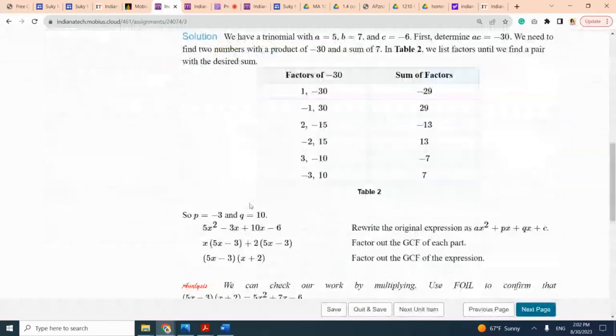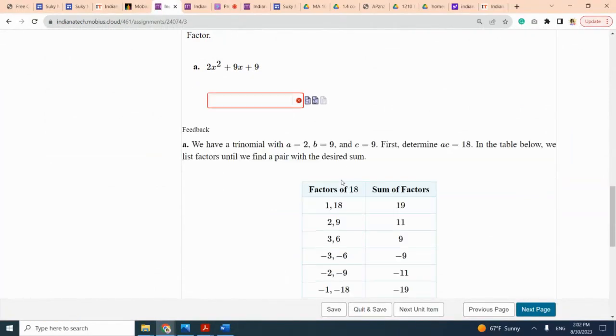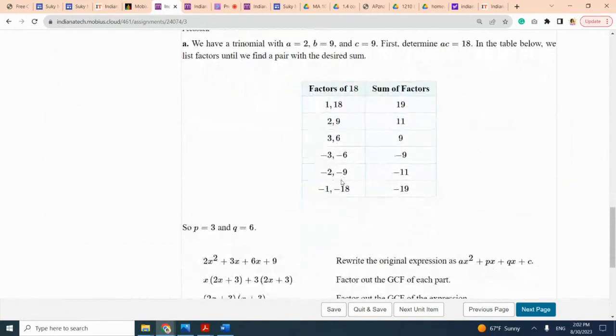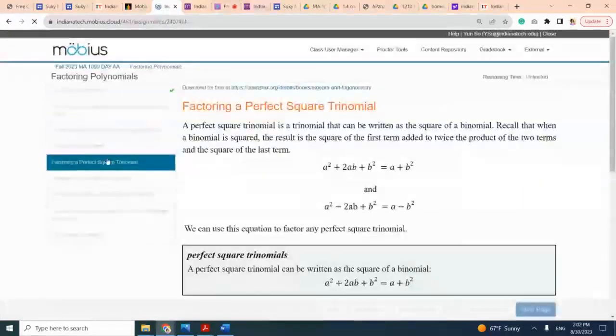And here at the bottom, there are more exercises. You can work on them, put your answer here, and then click how did I do, and it shows you the solution. Okay, everybody? So this is how to factor. Besides that, perfect squares.